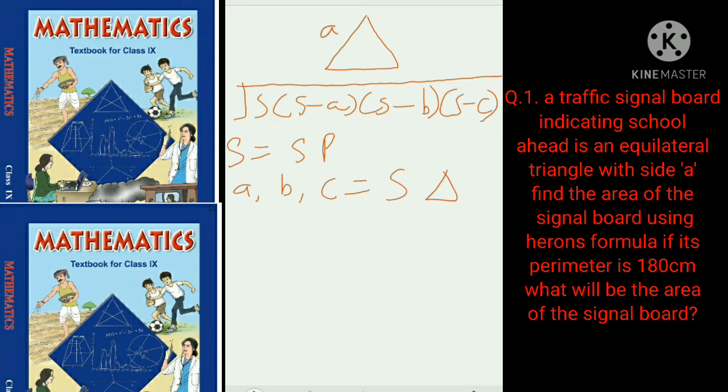So we can say this one is a, this one is b and this one is c. And the semi perimeter formula is a plus b plus c, whole divided by 2.